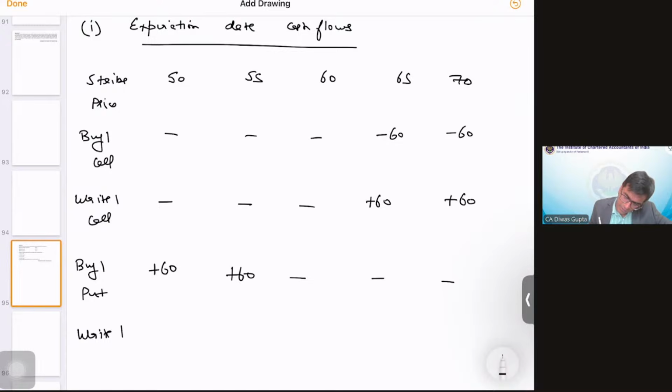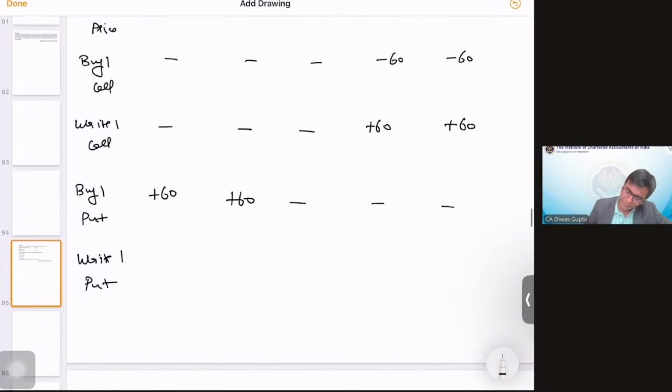What if we are writing one put? If we are writing one put, that means we are selling the right to sell. If someone exercises that right to sell, they are going to sell the stock to us. The moment they are going to sell the stock to us, that means we have to purchase the stock.